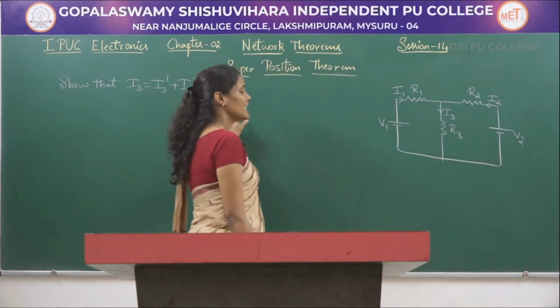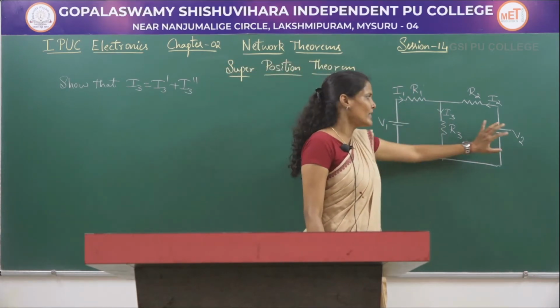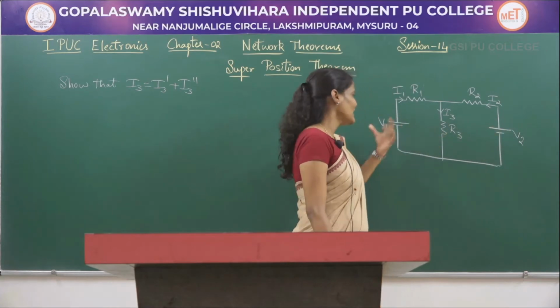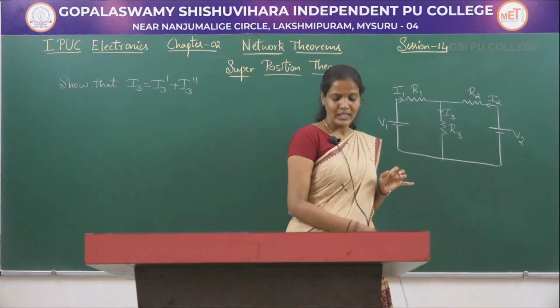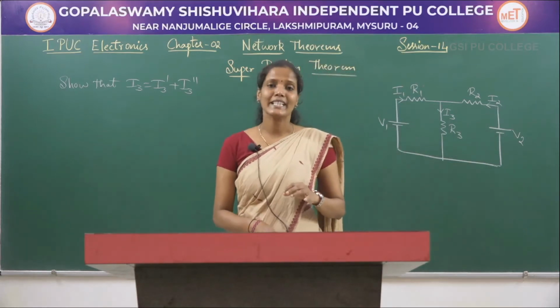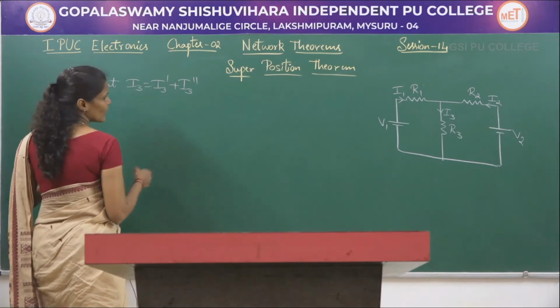I3 double dash is the same current flowing through resistor R3 when V2 alone is considered and V1 is shorted. So we have to show that I3 is equal to I3 dash plus I3 double dash.